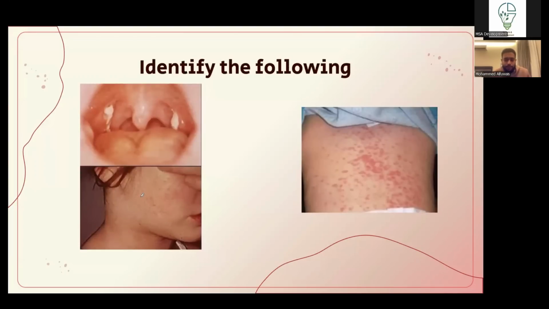Now you have this patient who is presenting to you with severe tonsillitis, which is inflammation of the tonsils, rash, and severe fever. This is what we call infectious mononucleosis, which is caused by what virus? Epstein-Barr virus. Infectious mononucleosis, also called kissing disease, is caused by Epstein-Barr virus most commonly.